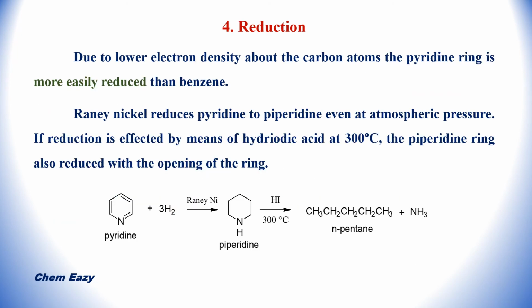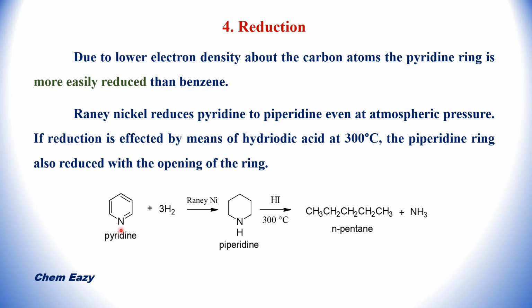The last reaction is reduction reactions of pyridine. Due to lower electron density about the carbon atoms, the pyridine ring is more easily reduced than benzene. Raney nickel reduces pyridine to piperidine at atmospheric pressure.